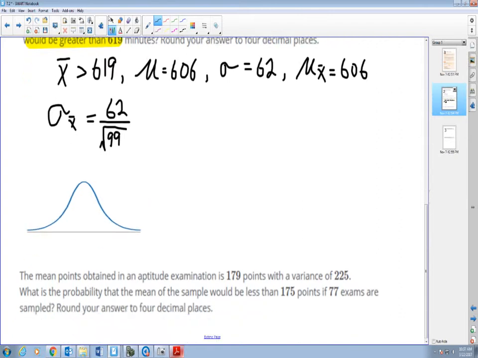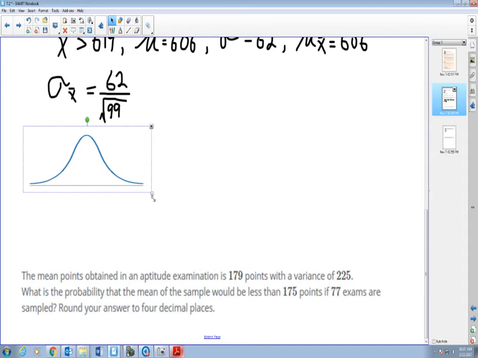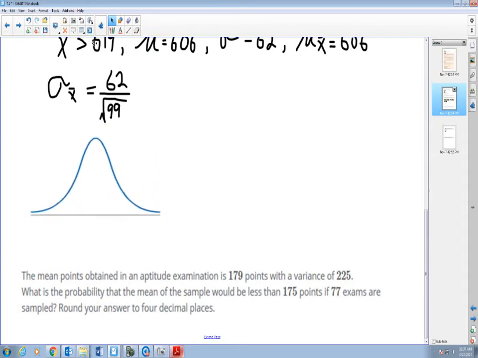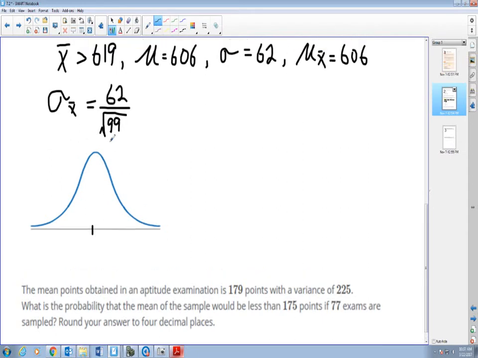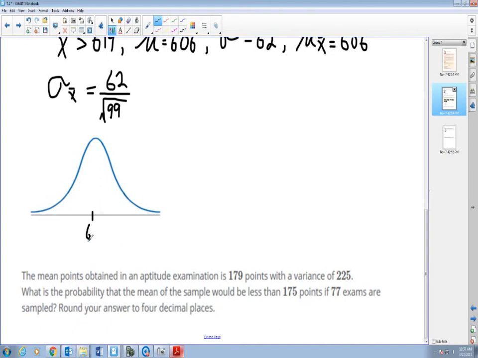If you look at what's going on in terms of a graph, right now the mean of the population and the sampling distribution is at 606.